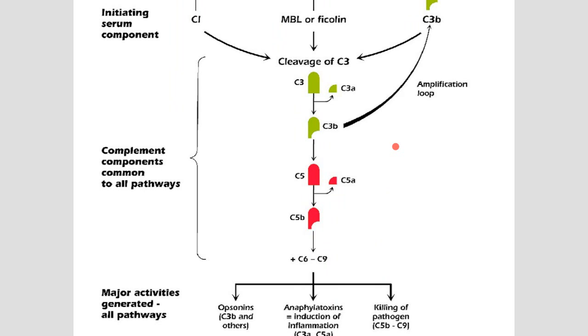But since, as I said, bacteria have a small doubling time, within half an hour they're going to outnumber your body cells, 100 trillion. So we want to have an enormous amount of these complement proteins in our body so we can fight those infections. But as we move along, you can see with every step there is a breakdown product. As you go from C3, C5, and then C6 to C9, we'll take each one of them in detail, but this is just an overview of how the complement system works.